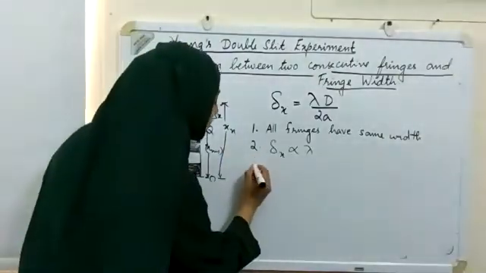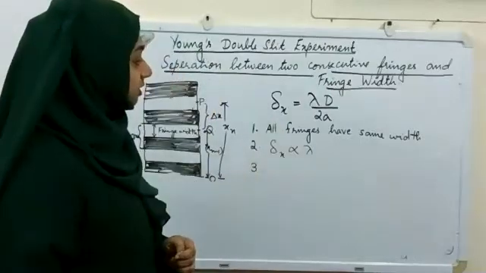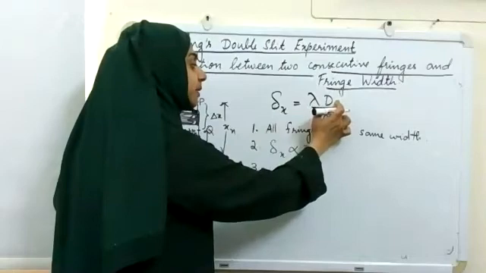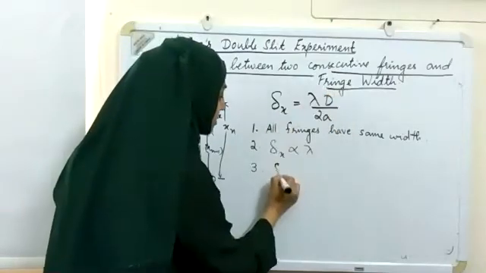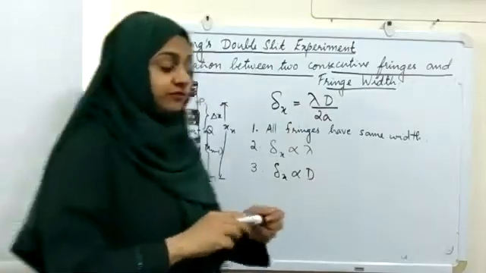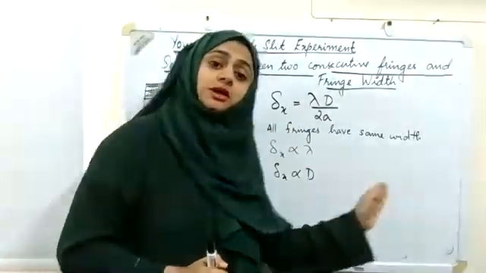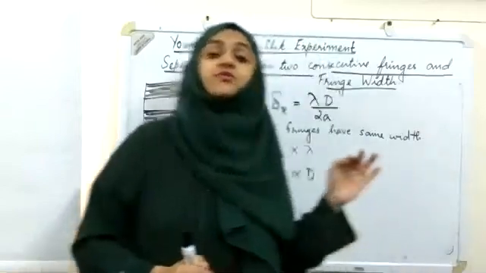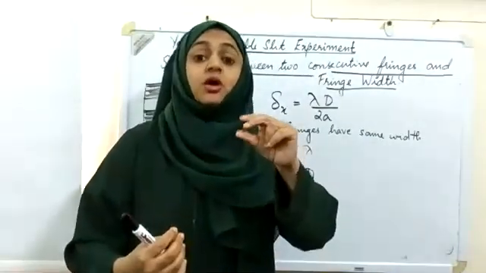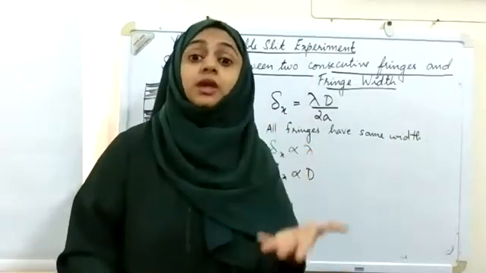And let us see what the third point to be noted is. The fringe width is directly proportional to D. Delta x is proportional to D. So if you keep the screen at a further distance from the sources, you can see more fringe width, or you can see it more clearly.